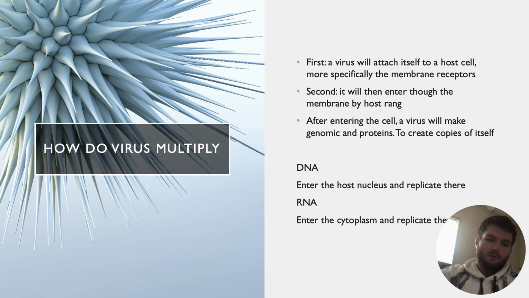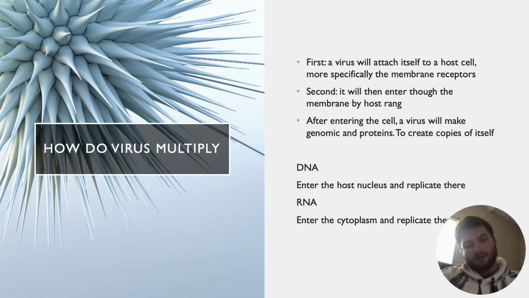The next slide here is how do viruses multiply? There are a few things about the process of multiplying a virus. First, the virus will attach itself to a host cell, more specifically the membrane receptors.